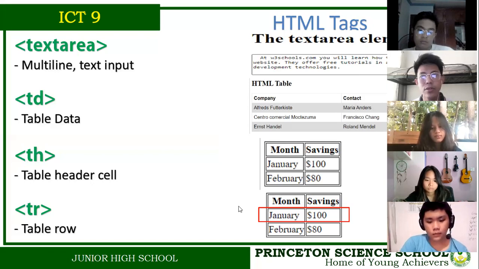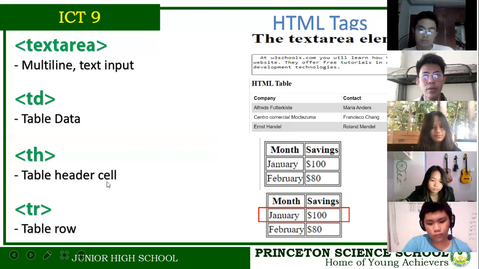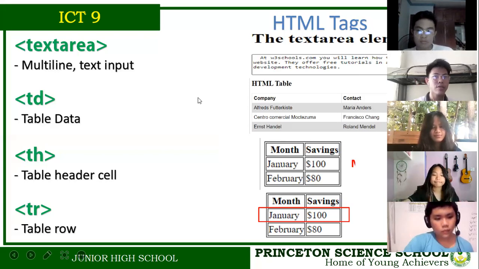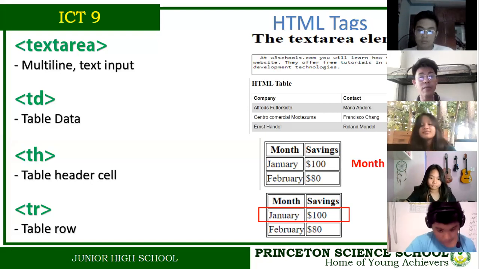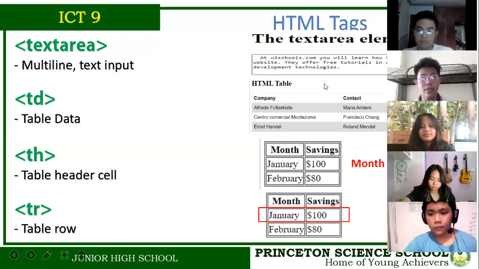Okay, so those are our table tags: the table, the TD or table data, the table header cell, and the table row. So basically that's it for our HTML tags.